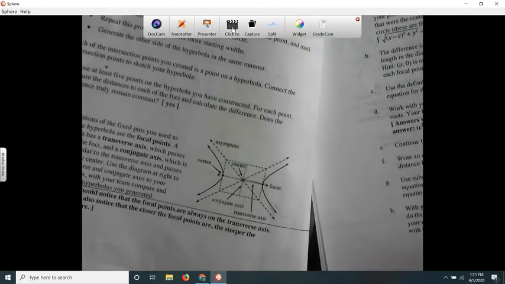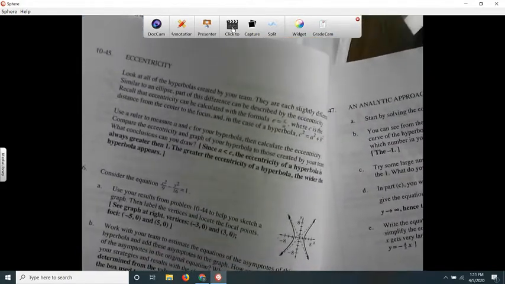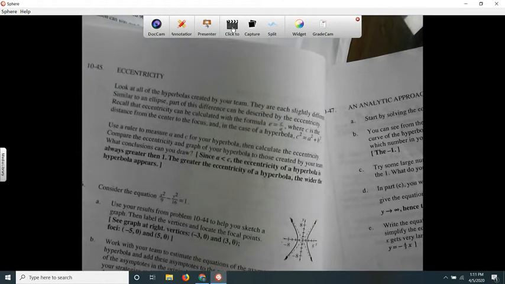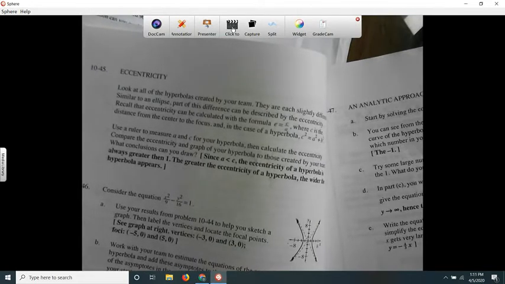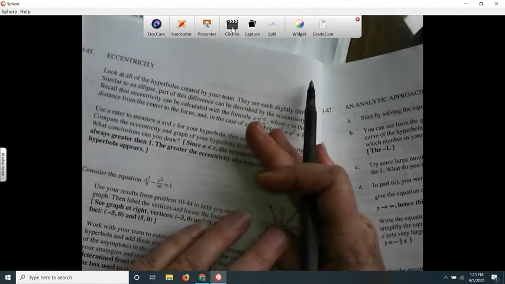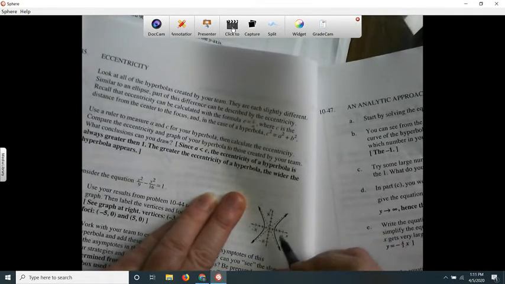Okay, so now I'm going to talk about eccentricity. We talked about that in our ellipse. It was describing how round it is. In a hyperbola, it's also describing something like that, but it's kind of like how curvy it is.